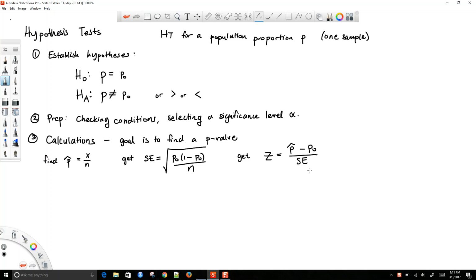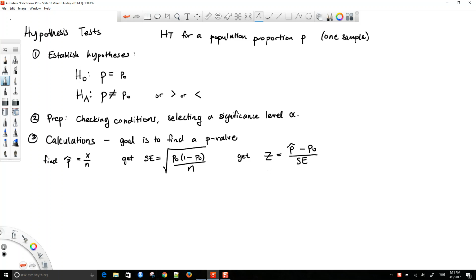Okay. And so anyway, we get to this point, we get a z-score. And it's not listed here on the formula sheet, but the next part, once you get your z-score, which we might call our test statistic, is to look this up in our table to get the relevant p-value.